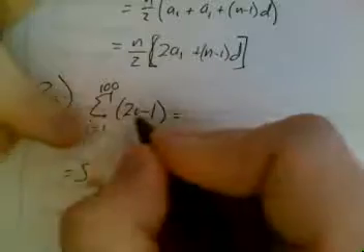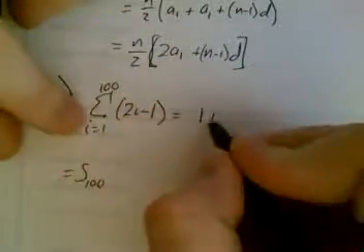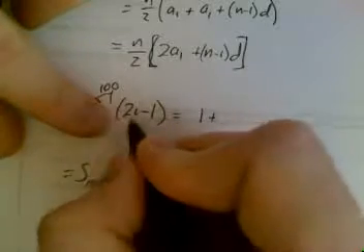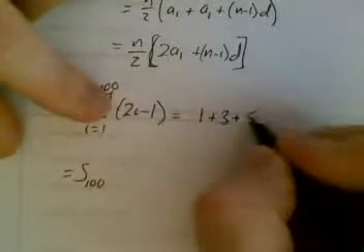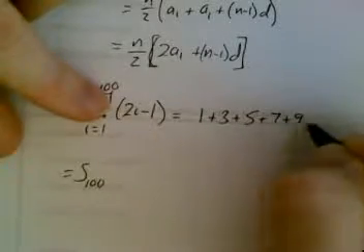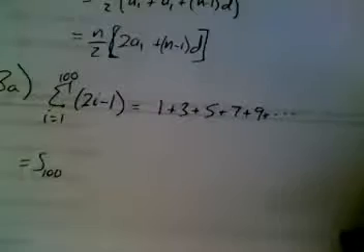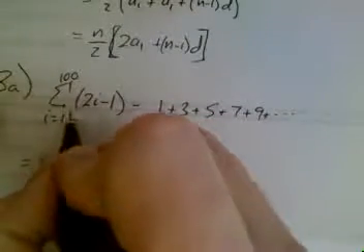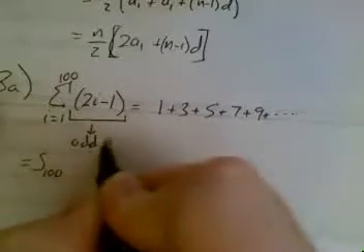When I plug in 1, I get 2 times 1 minus 1, which is 1. Then I plug in 2 and I get 2 times 2 is 4 minus 1 is 3. And then plus, I plug in the next one, I get 5, 7, 9, and it continues on. You'll notice that all of these are the odd numbers.